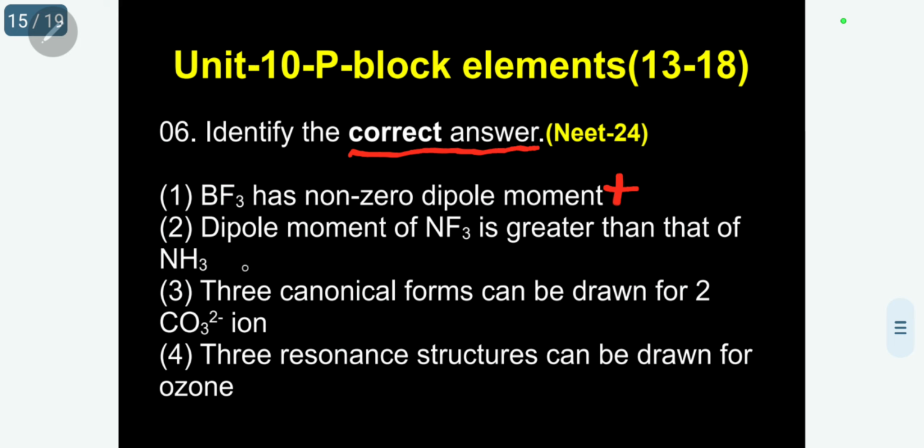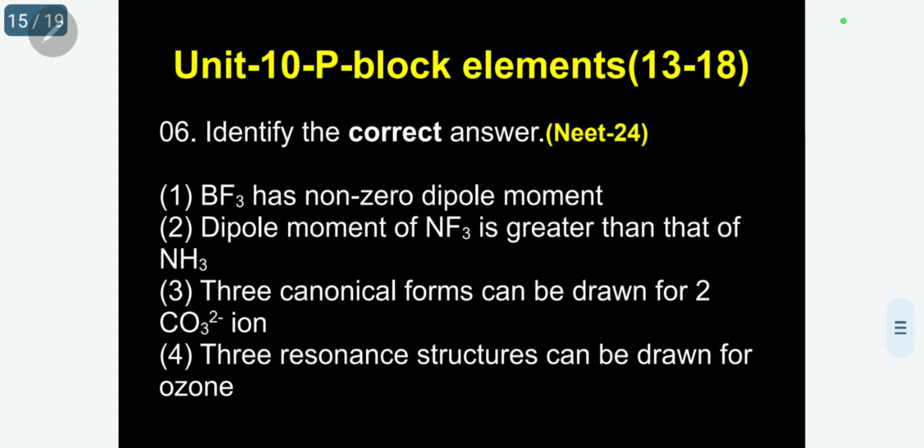Again, it is wrong. Then 3 canonical forms can be drawn for carbonate ion. So this may be correct. 3 resonance structures can be drawn for ozone. No, this is wrong. So the probable answer may be 3.